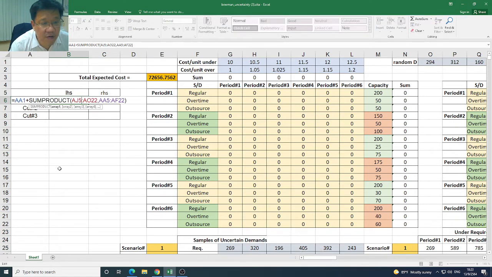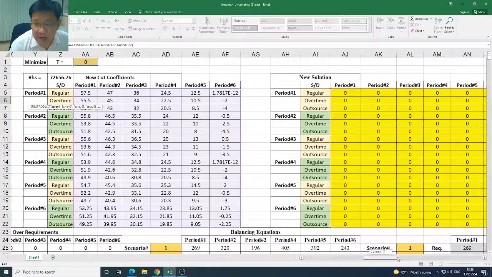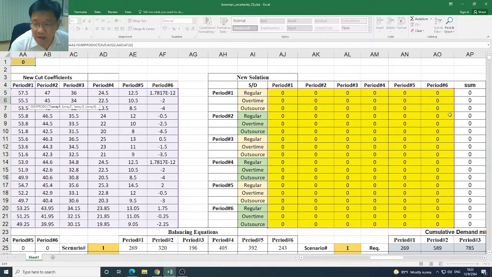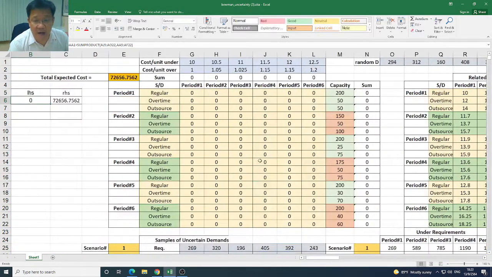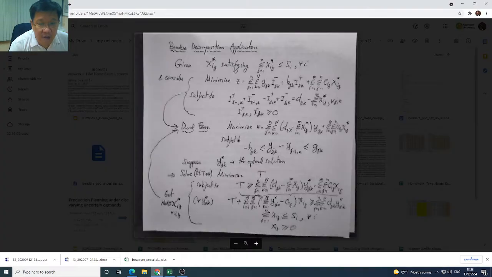I'm going to do AA1, and then plus the sum product of the optimality cut constraint coefficients, which have to be multiplied with the new x solution here. So that's how we set up the optimality cut, and then you can link it here.